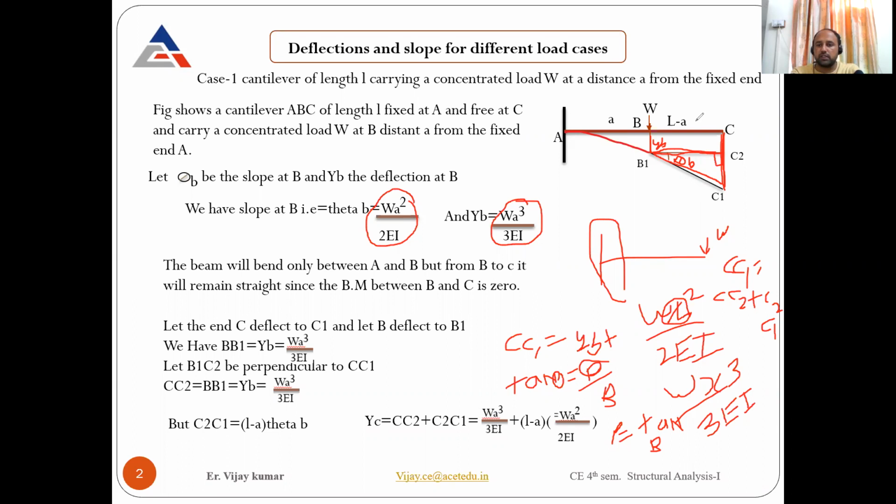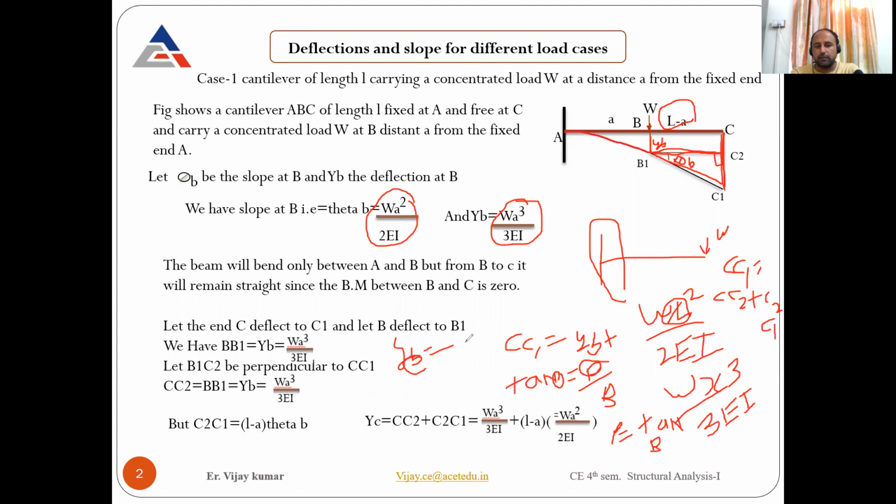Now B I know, which is nothing but L minus A, and theta I already calculated, that is WA square by 2EI. CC2 is nothing but YB. Sorry, YB is basically YC, I need to write YC.